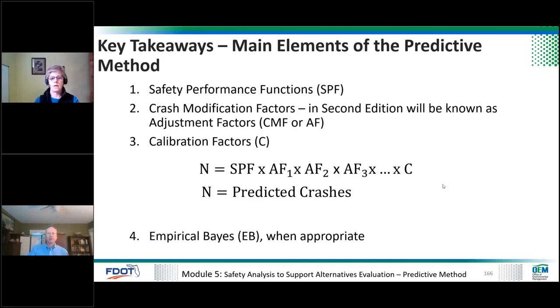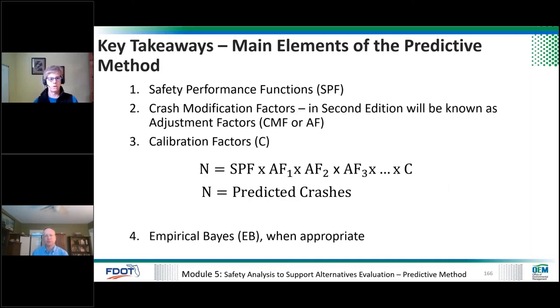As we have hopefully conveyed, for the alternatives investigation EB may not be appropriate very often. For the purposes of identifying whether a site or project should be a primary need in the purpose and need, then EB may be appropriate pretty often.